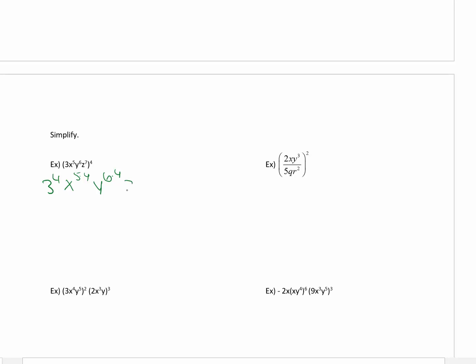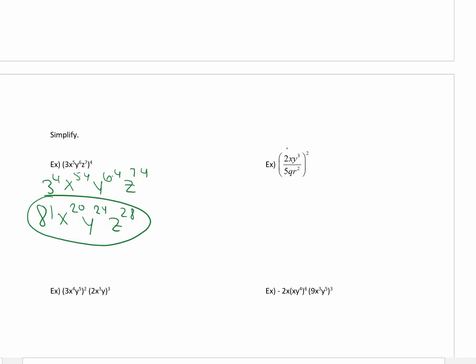And I can do something similar with z, z to the 7 times 4 power. Well, 3 to the 4th is 3 times 3 is 9, times 3 is 27, times another 3 is 81. This is x to the 20th, y to the 24th, and z to the 28th power.